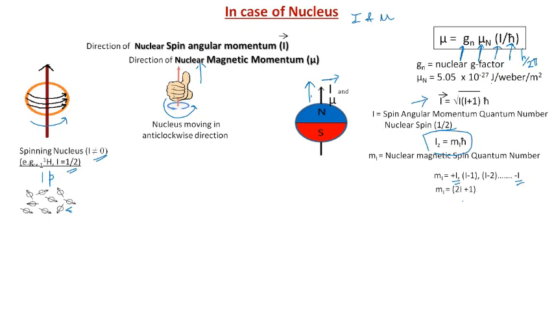The number of values of m_I depends upon the value of the nuclear spin, that is equal to 2I plus 1 values.